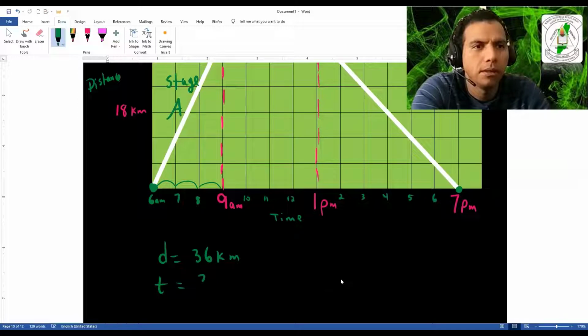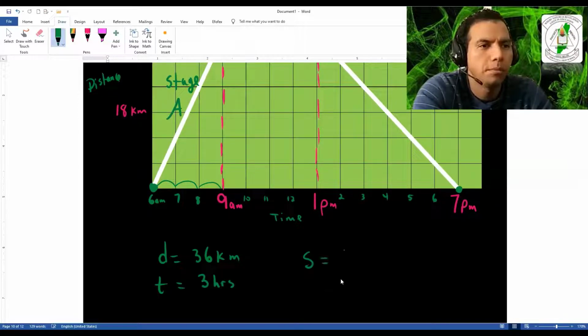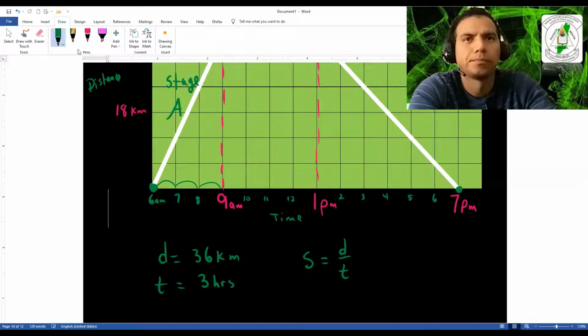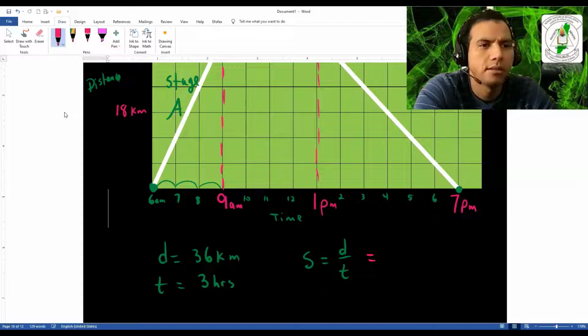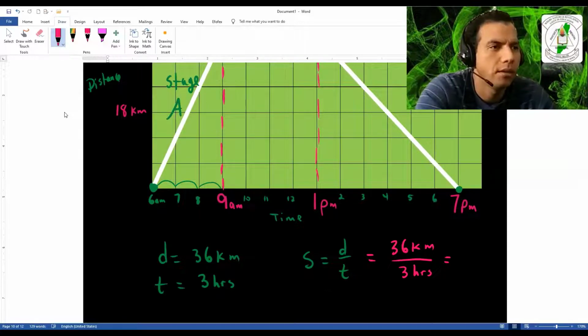Time will be 3 hours. So speed is made up of distance over time. Distance would be 36 kilometers over 3 hours. 36 divided by 3 gives us 12 kilometers per hour.